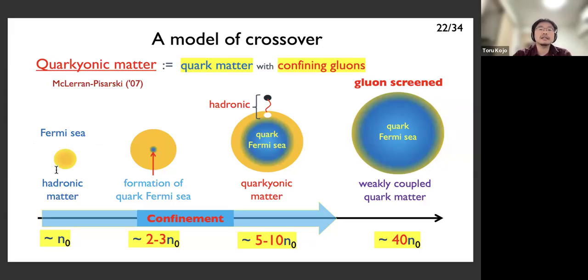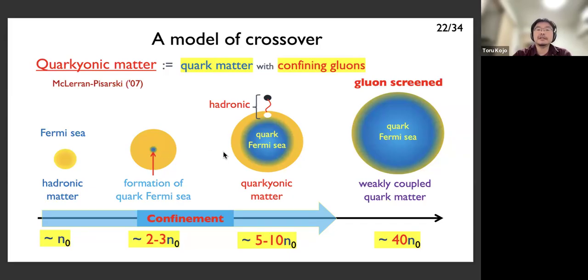Okay, so let me consider how nuclear matter evolves into weakly coupled quark matter. At very low density, the matter is simply made of composite particles, that is baryons. So baryons make a Fermi sea. But when we increase the density, then eventually quark Fermi sea is developed inside of the baryonic Fermi sea, as I will explain later.